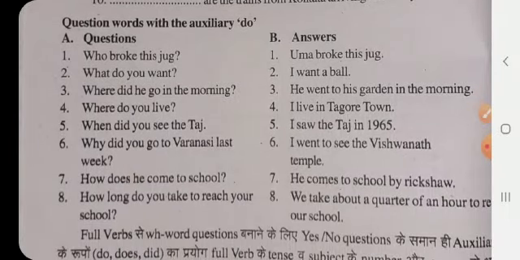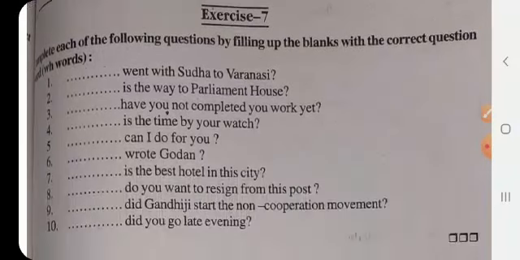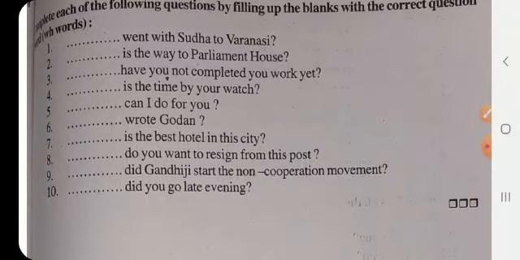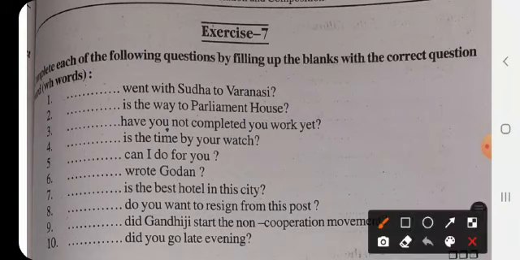Then question words with the auxiliary do. Who broke this jug? Uma broke this jug. So we get the answers to it. Exercise number 7 says, blank went with Sudha to Varanasi. So the question word used will be who.